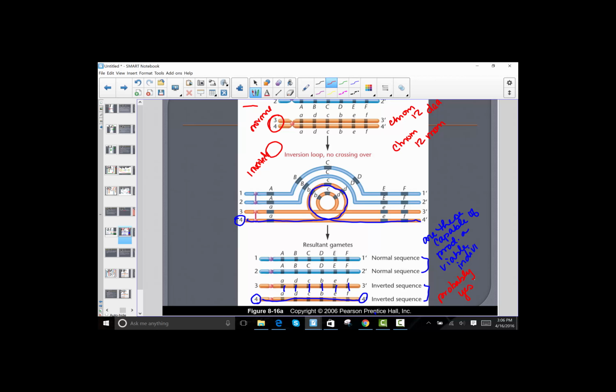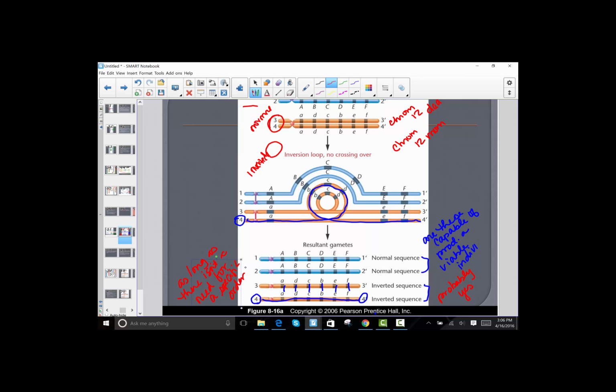So as long as there isn't a, so if we say that there is a need for a specific order, they will be okay.